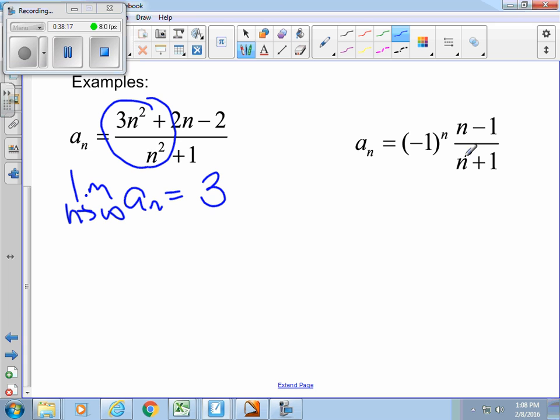Okay, the limit as n approaches infinity here. Good question, isn't it? Strange, isn't it?